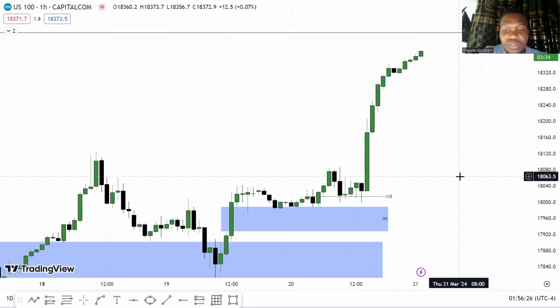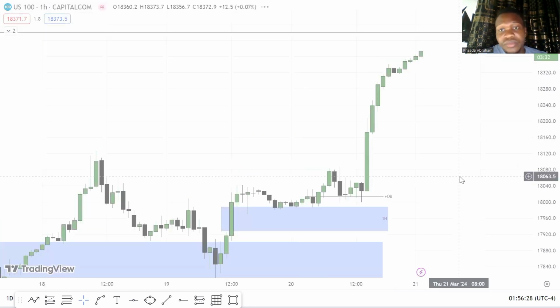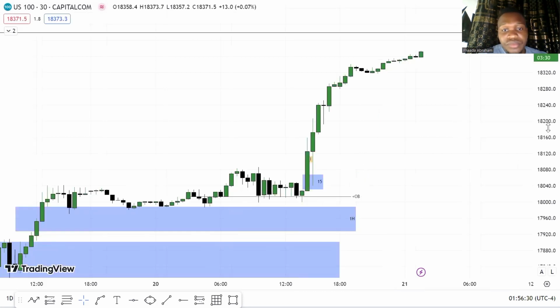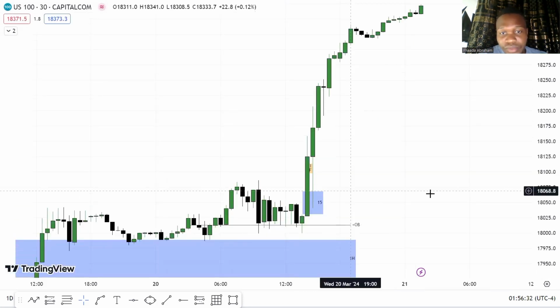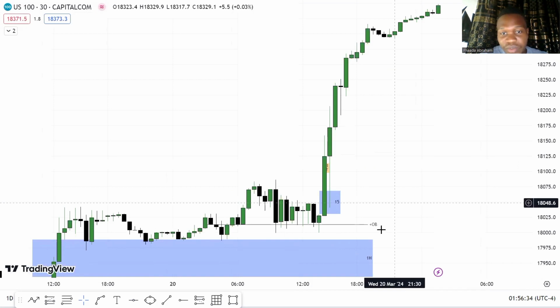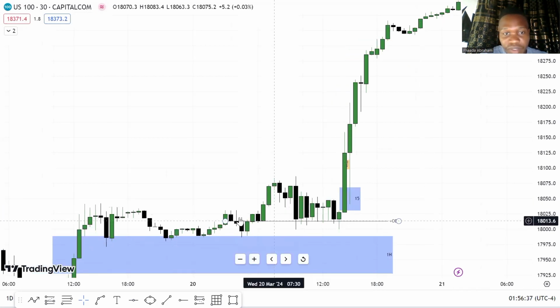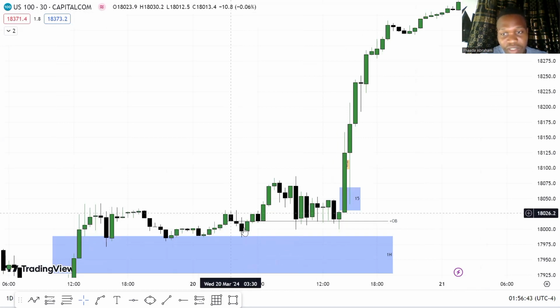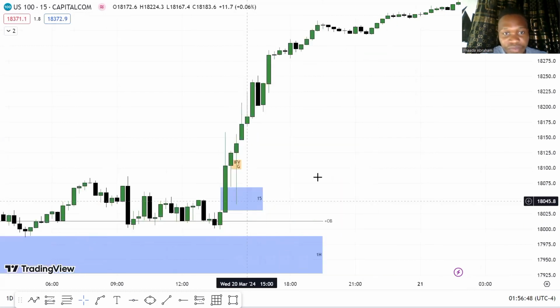So let's see the 30 minutes. So in the 30 minutes, we've seen how we trade here. This is the order block from the 1 hour, consecutive down candlesticks. Then 15 minutes, we had this.